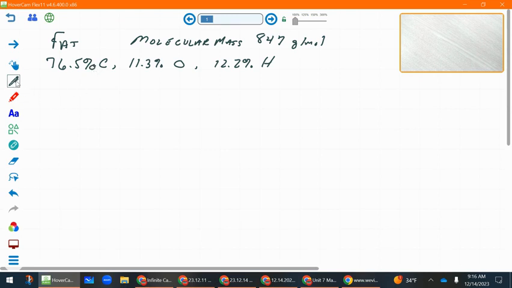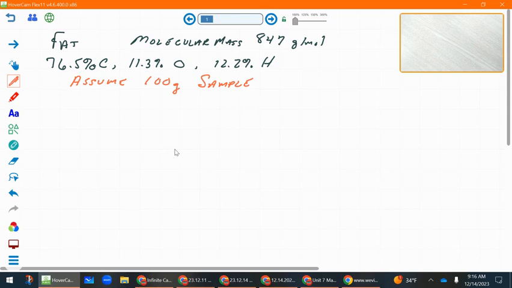100 grams. We assume a 100-gram sample. You can assume any sample size you want, ladies and gentlemen. And you would take the sample size times the percents to get grams.